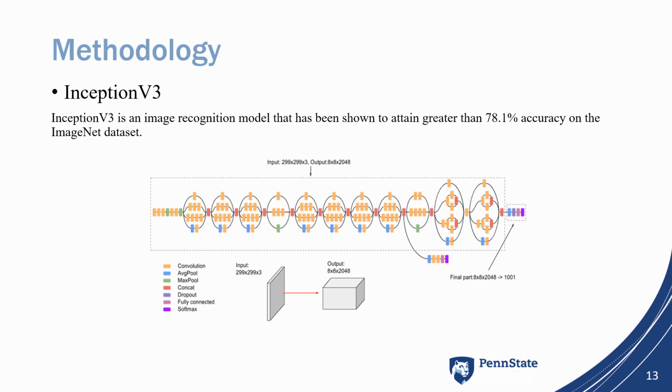The model itself is made up of symmetric and asymmetric building blocks, including convolutional, average pooling, max pooling, concatenations, dropouts, and fully connected layers. Batch normalization is used extensively throughout the model and applied to activation inputs. And the loss is computed using softmax.